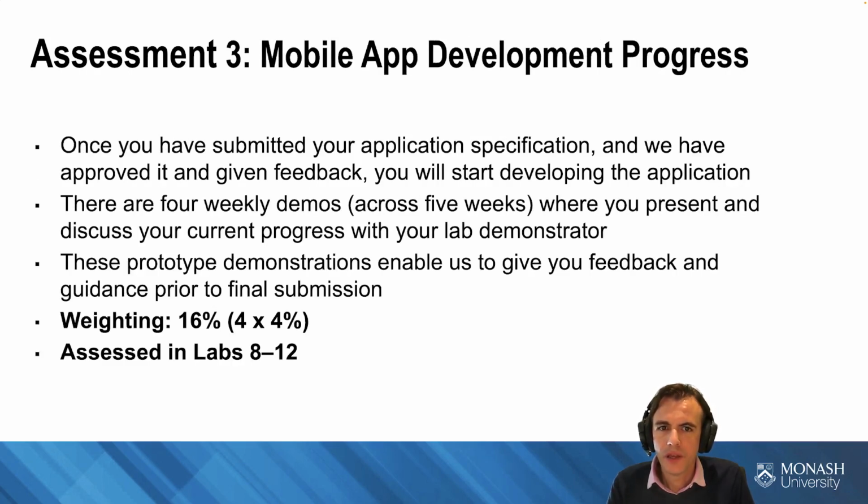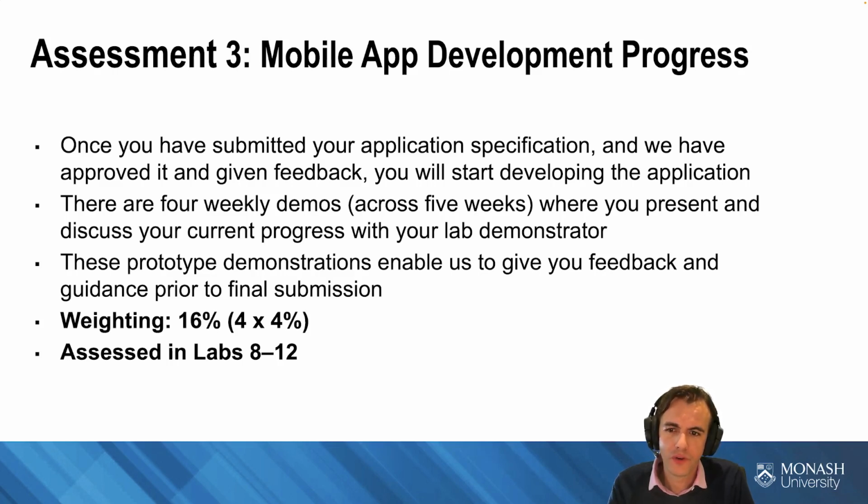Assessment 3 is progress towards your final application. For the second half of the unit, we switch to mostly working on the app itself and some additional exercises that will contribute to it. By this point, your first assessment will have been marked and your idea approved, and you'll have been given feedback.